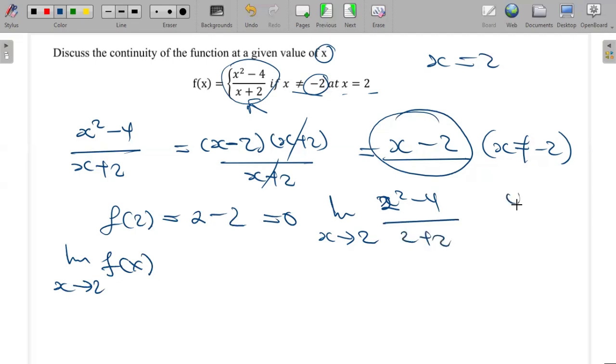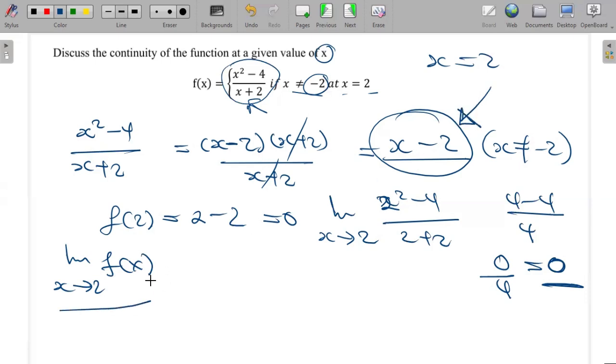So there on top, you have 4 minus 4, then you have 4 down there. So that's going to be 0 over 4. 0 over 4 is 0. So the limit exists. The limit is 0. It's defined at that point. So first of all, we check that it's defined at this point, and the limit as we approach 2 of the function f of x is 0.